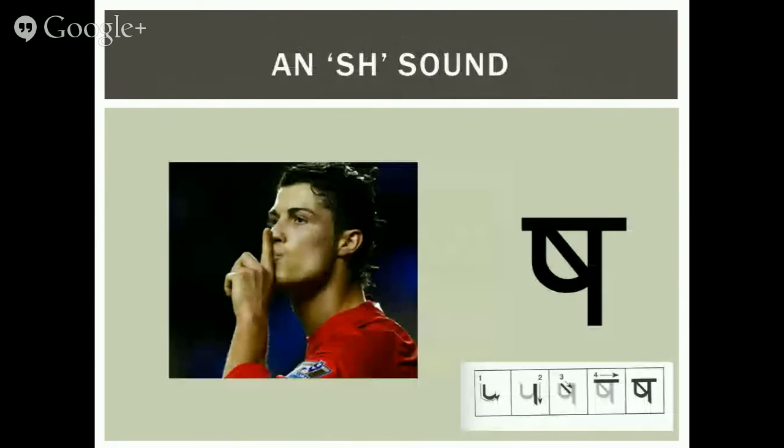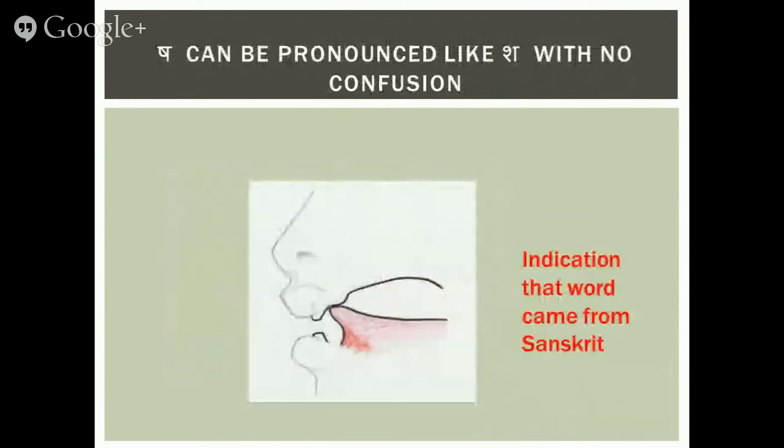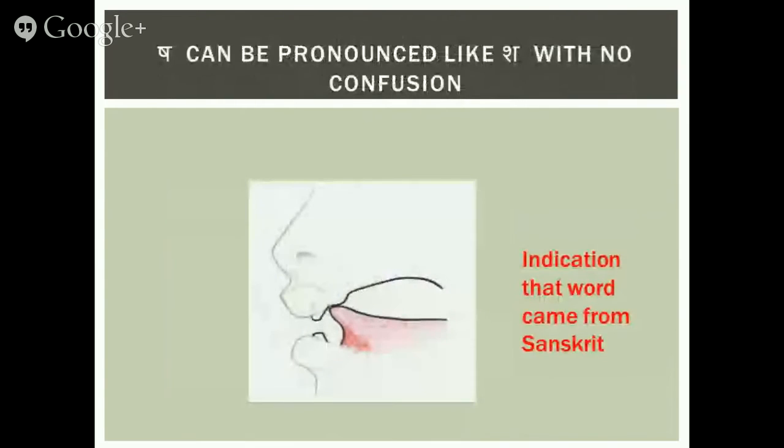Technically, according to how much of a stickler you are, the correct way is the retroflex way. However, you can get away with saying it the regular way. It's good to remember for spelling, finding stuff in the dictionary. However, the reality is that many Hindi speakers do not distinguish, except in certain cases.